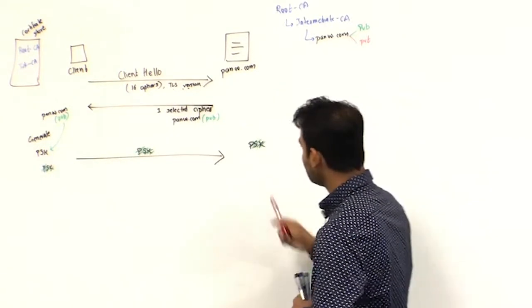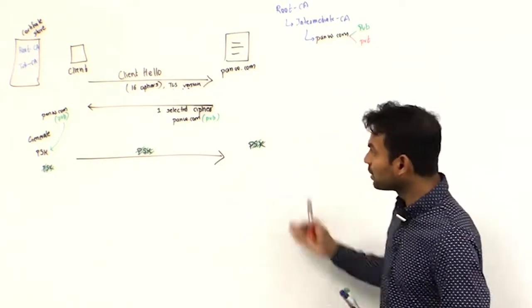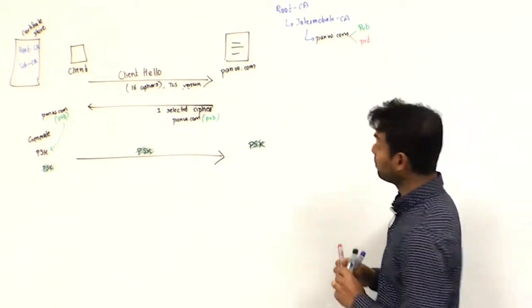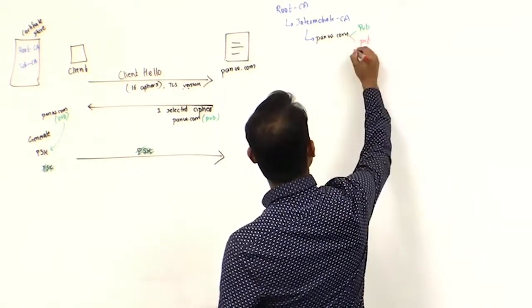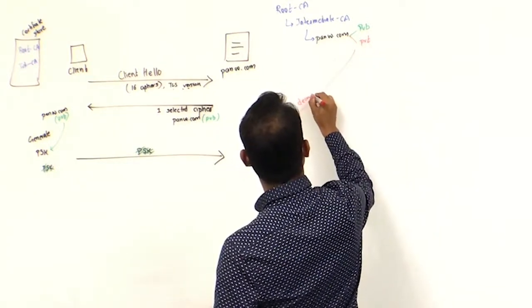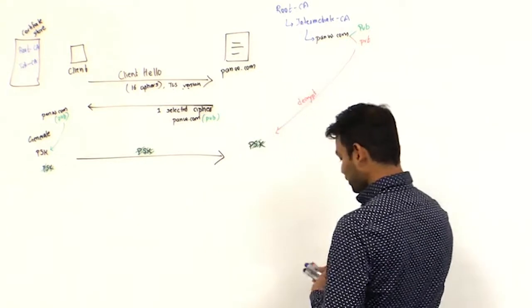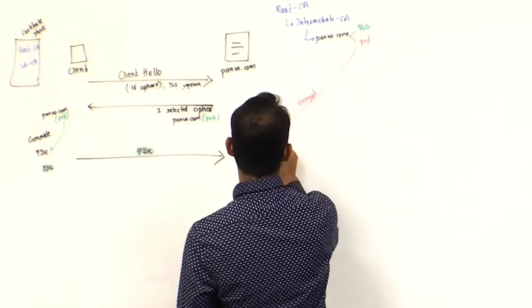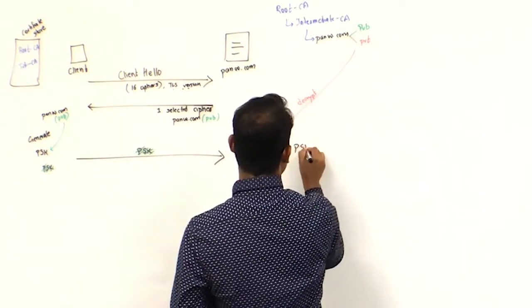When the server receives the pre-shared key, which was encrypted by its own public key, it uses the private key to decrypt it, and we basically get the pre-shared key.